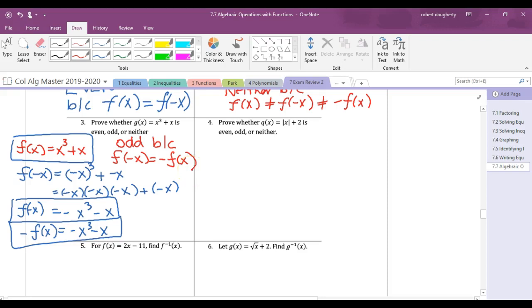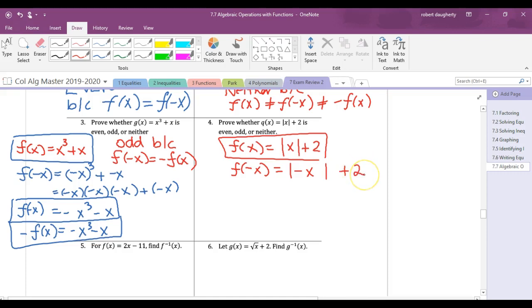Next example, absolute value of x plus 2. f of x is equal to absolute value of x plus 2. f of negative x equals absolute value of negative x plus 2. Think of this as negative 1 times x, plus 2.